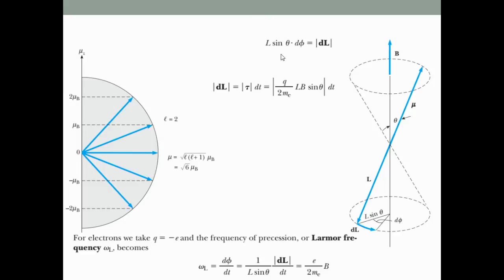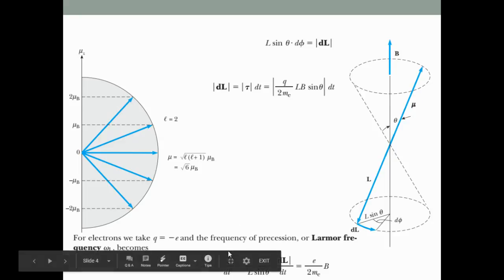By using the above equations, we can combine dL equal to tau times dt, that is equal to q divided by 2me times L B sin theta dt. For electrons, we take q equal to minus e, and the frequency of precession, the Larmor frequency, is omega L.